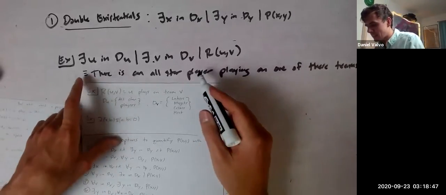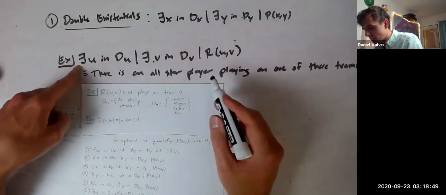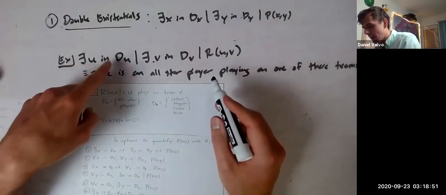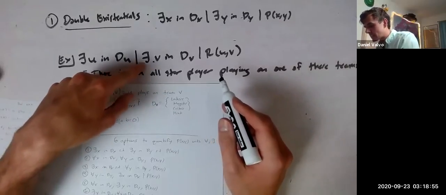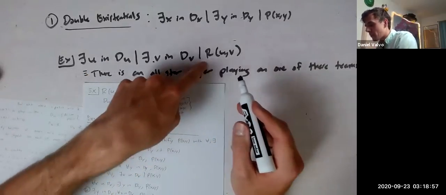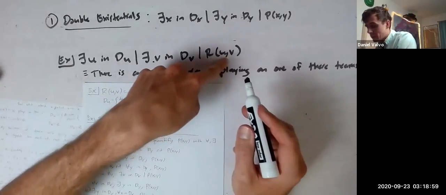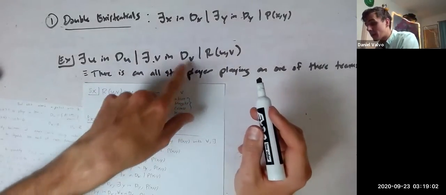That's what this statement means. This statement's saying that there exists a player in the all-star players, such that there exists a team in these teams where that player plays on that team. So what that means is there's an all-star player playing on one of these teams.